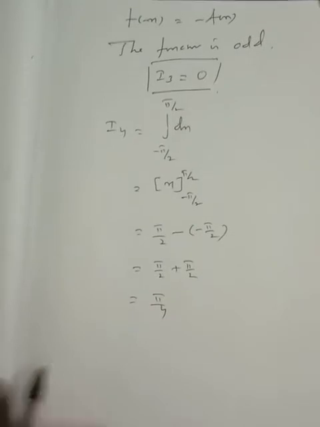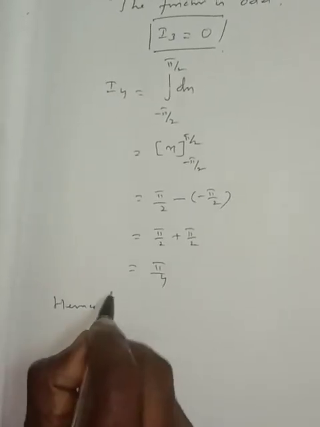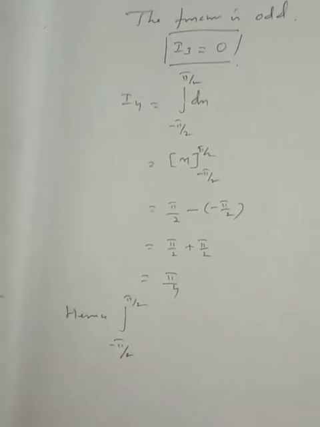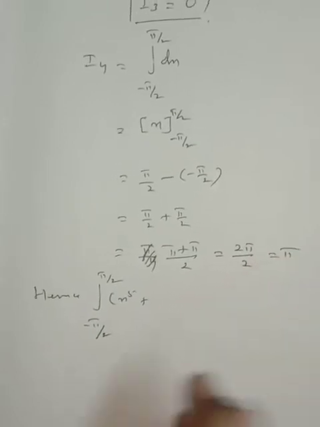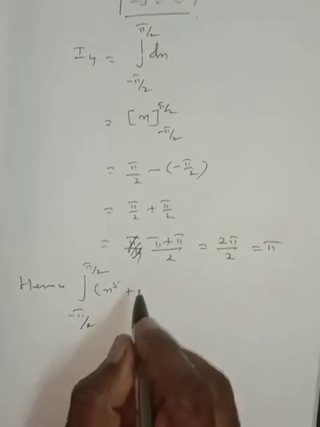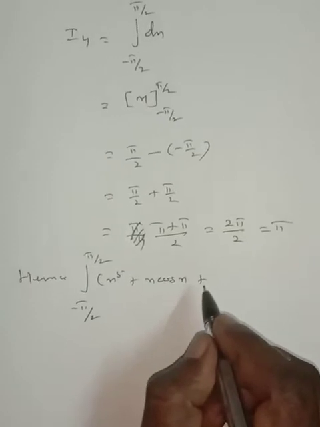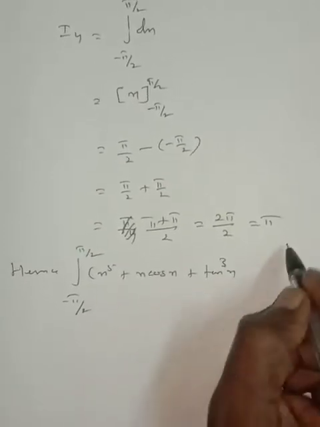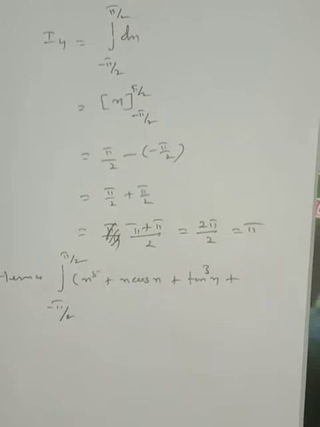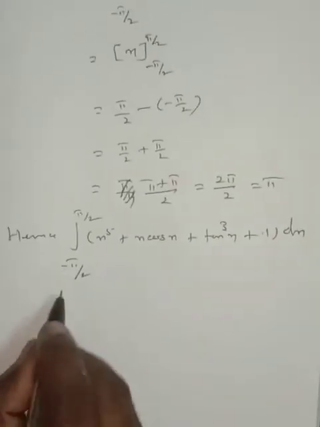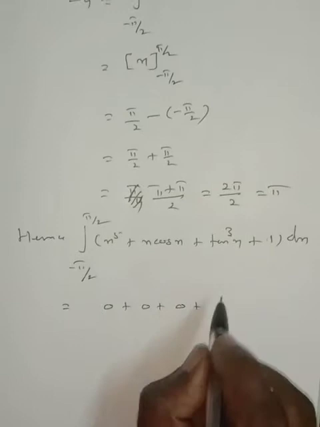Hence, I2 is x cos x, I3 is tan^3 x, plus I4 is 1 into dx, equal to 0 plus 0 plus 0 plus pi.